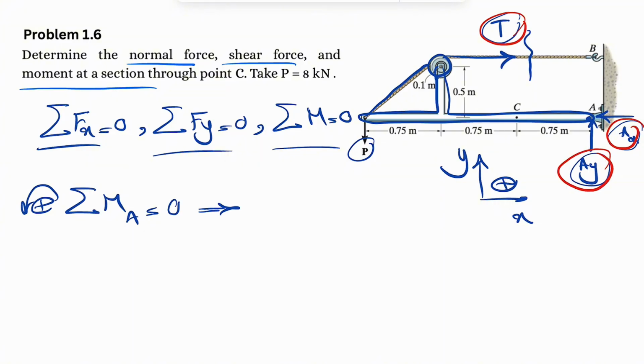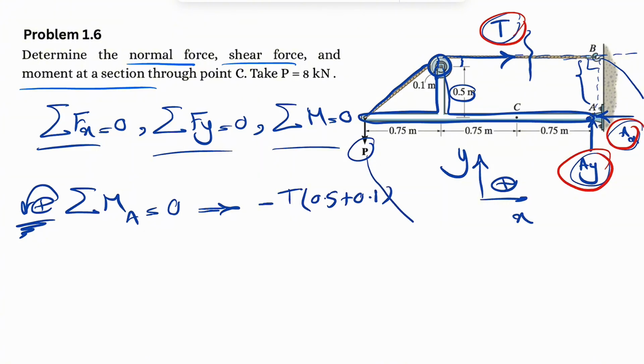So we have the moment of T about point A. We can see that the moment of T is clockwise, so negative, because we have the sign convention of counterclockwise positive. So T times the vertical distance from A to the line of action of the force. We're looking for this distance, which is 0.5 plus the radius of the pulley, so 0.5 plus 0.1.